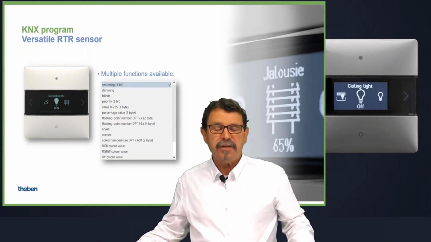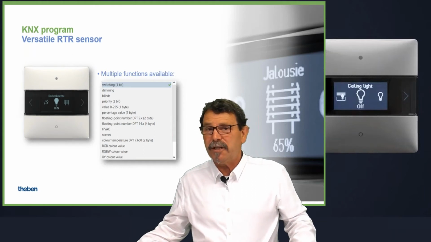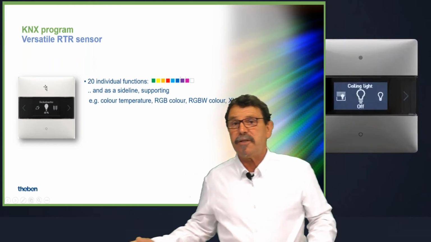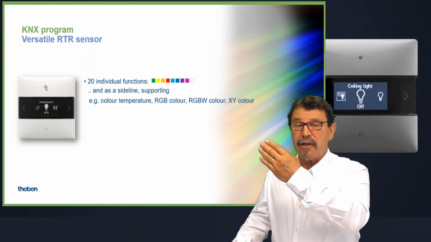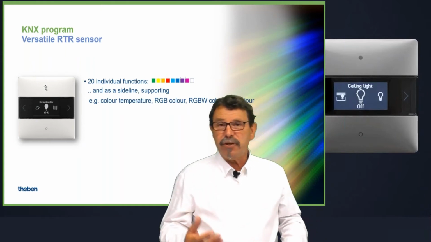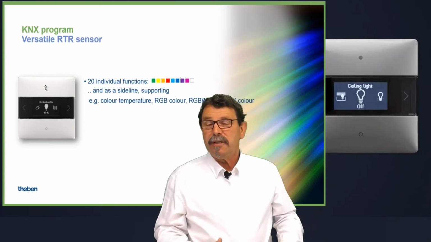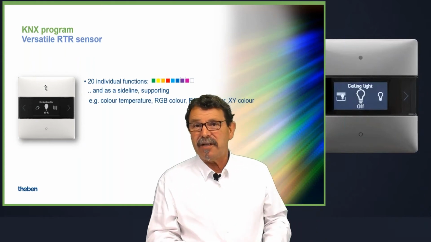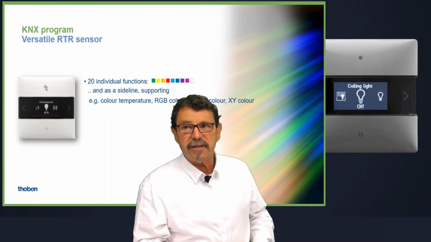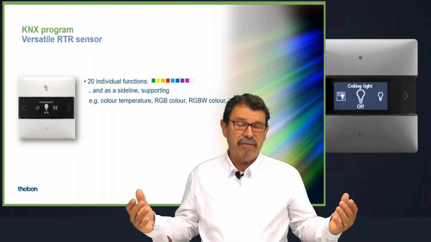So you see there is a powerful application in the background of this controller. Supporting as well, specifically RGB lights, RGB or RGBW, depends. Or you can control as well LED lights according to these XY color coordinates, for instance, however you like it.